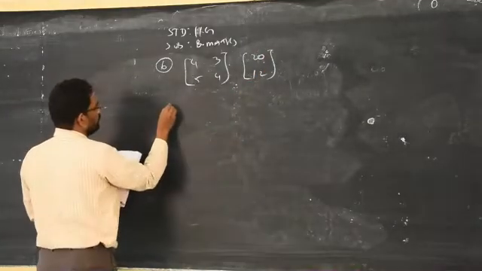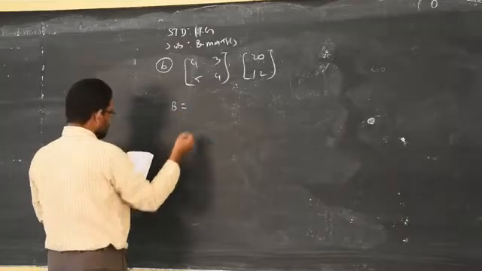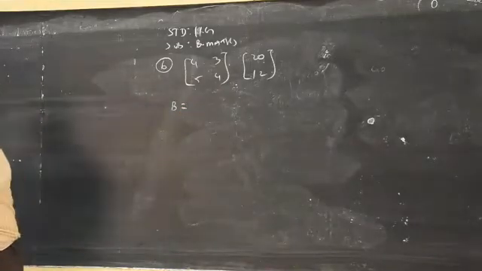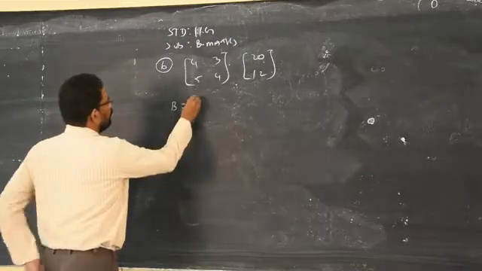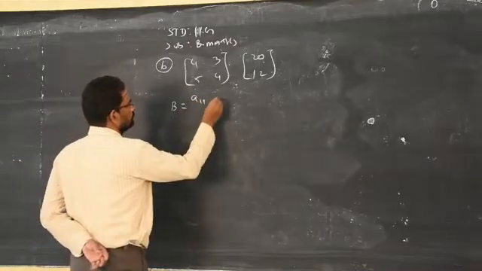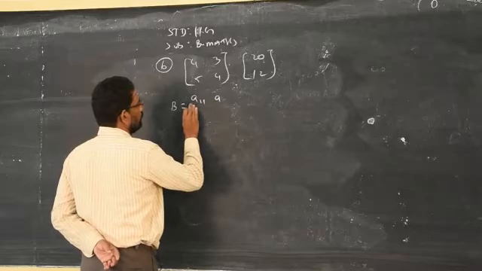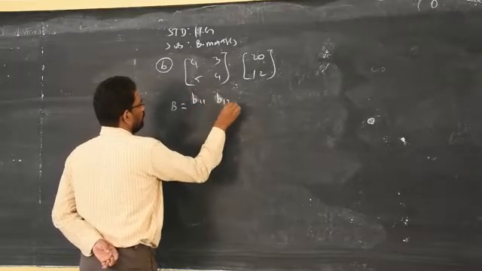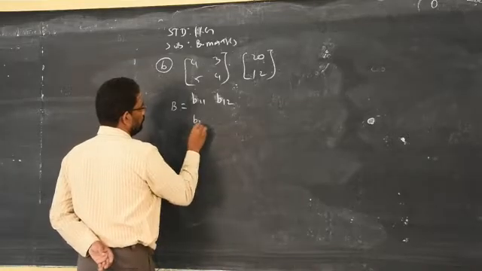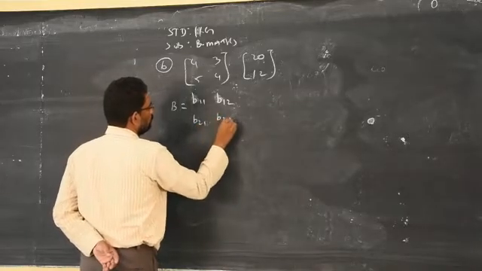So how do you find the technology matrix? B is equal to B11, B12, B21, B22.